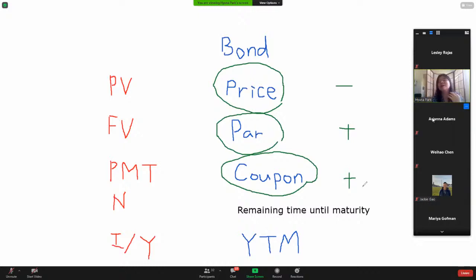So why do I emphasize this? If you don't follow this sign convention and you compute yield to maturity, you will get an error message. Your Excel is not a human. To make Excel or a financial calculator work for you, you should follow Excel's rule and the calculator's sign convention rule, because Excel and your financial calculator are programmed to follow this sign convention.